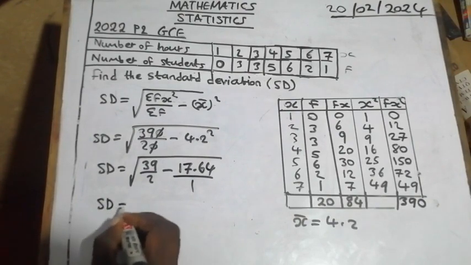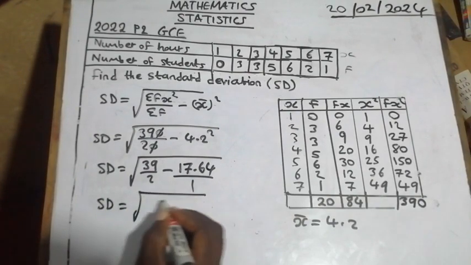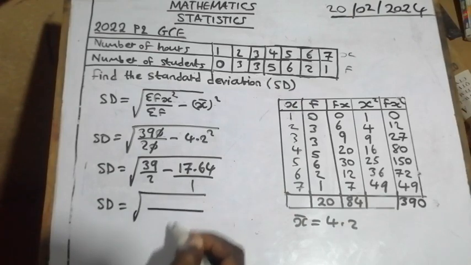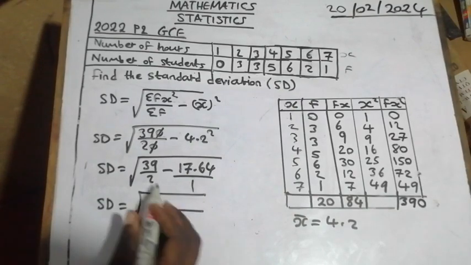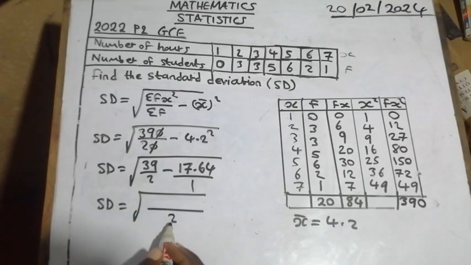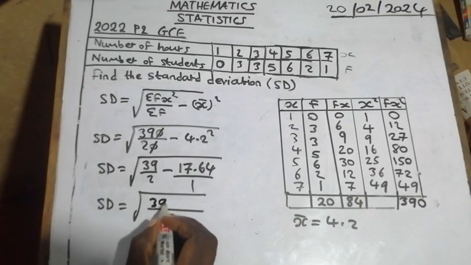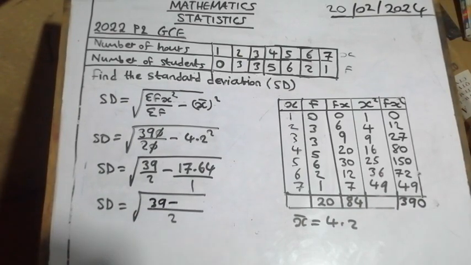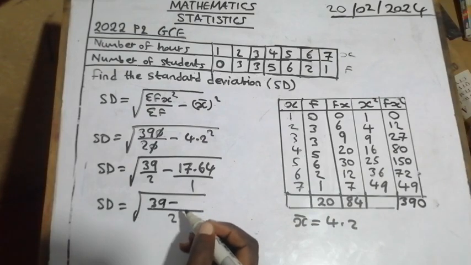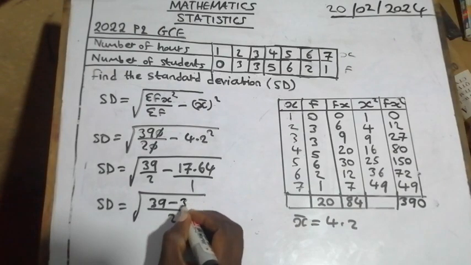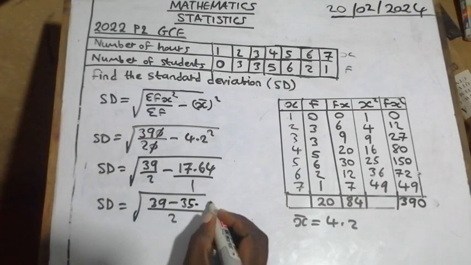We'll balance up the fraction. Then we look for the common denominator where 2 and 1 can go, which is 2. 2 into 2, it's 1. 1 times 39, it will be 39, minus 1 into 2, it's 2. 2 times 17.64, we are getting 35.28.